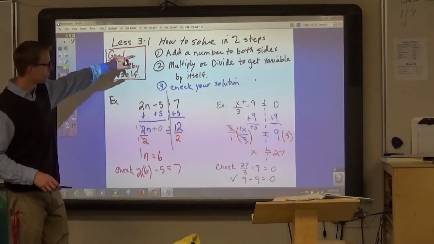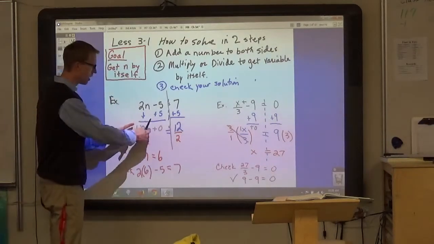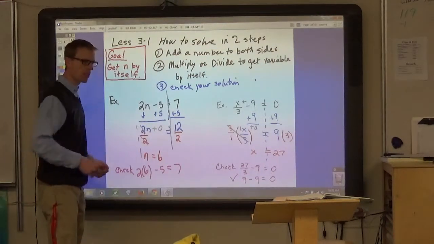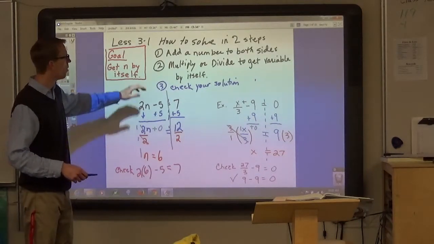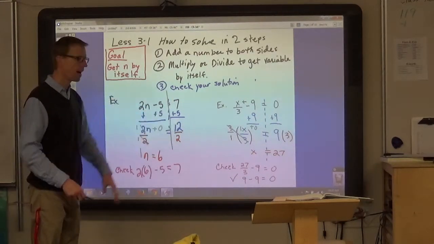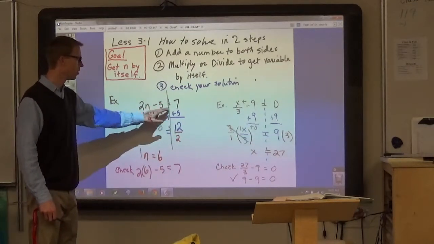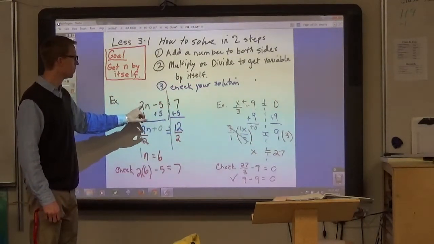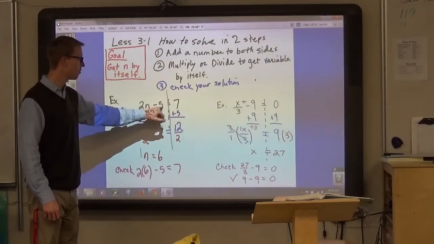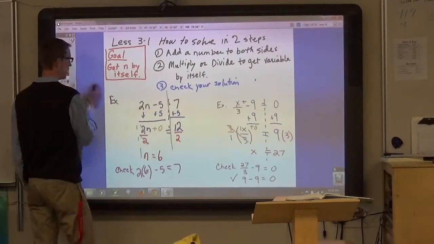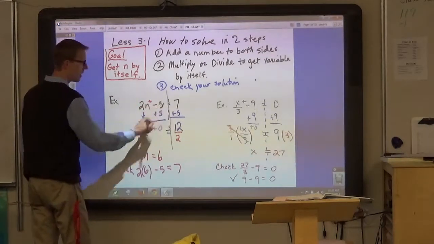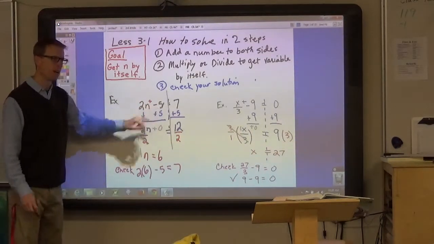First, you want to isolate. You want to get the coefficient and the variable by itself on one side. So you want to add the opposite of the other number to both sides. Look at this one. 2n minus 5 equals 7. If we insert a plus sign here, we see that this is really negative 5.